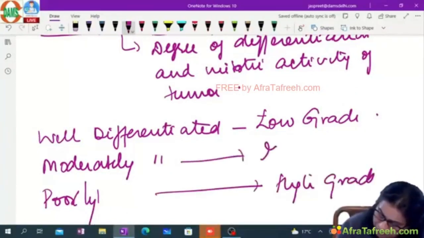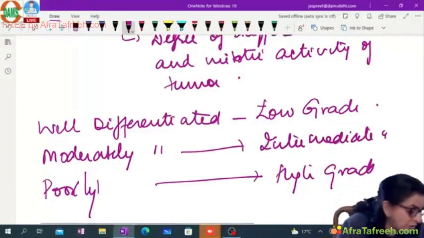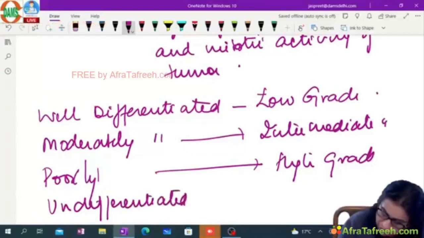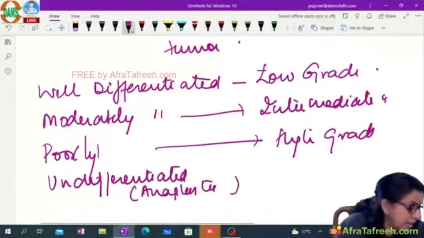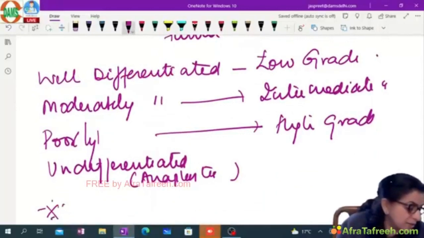Moderately differentiated are intermediate grade. And poorly differentiated, or what you call undifferentiated, for which we use the term anaplastic, they are high grade tumors. And this grading is a prognostic factor.